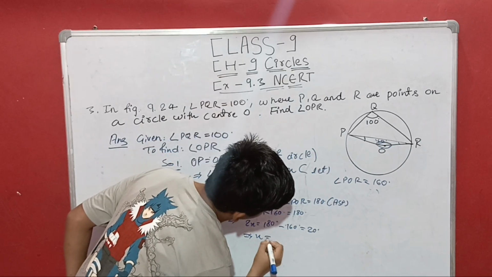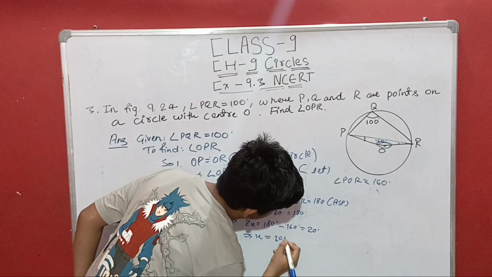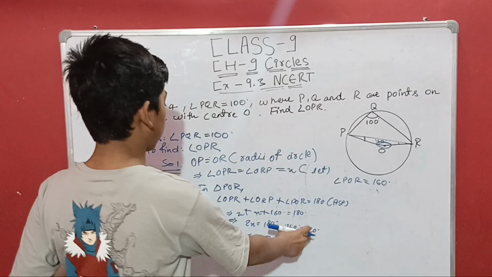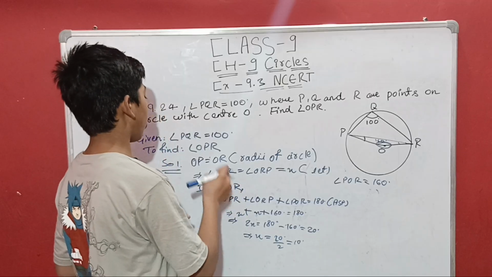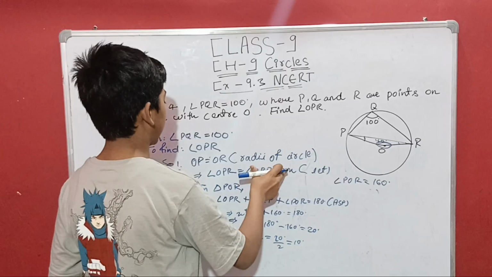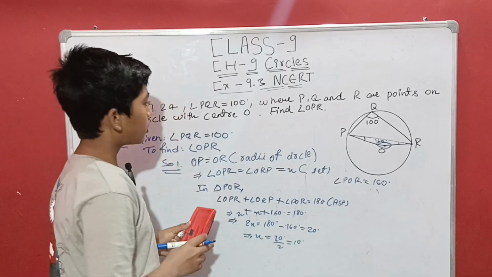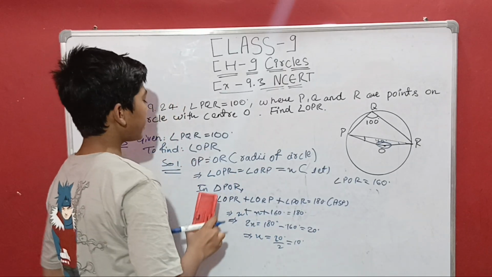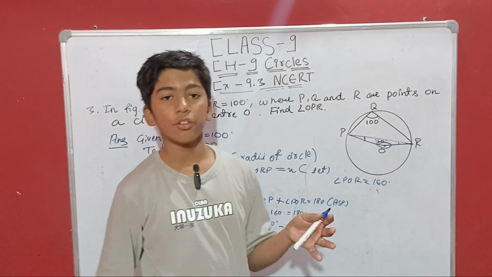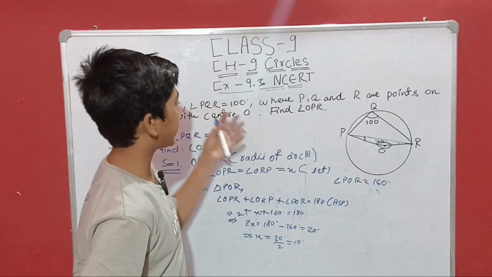So x is equal to 20 degrees upon 2, which is 10 degrees. So angle OPR is also equal to 10 degrees because we have let it be x. Now we shall move to the next question of exercise 9.3.